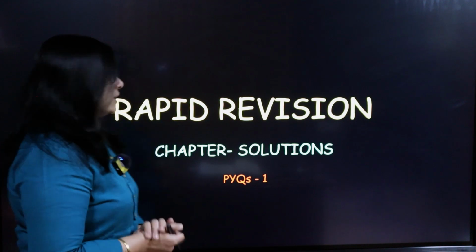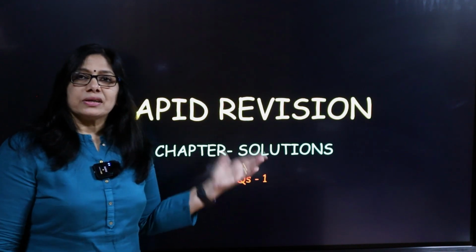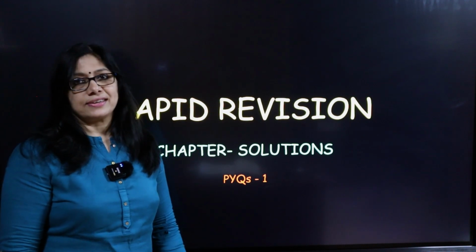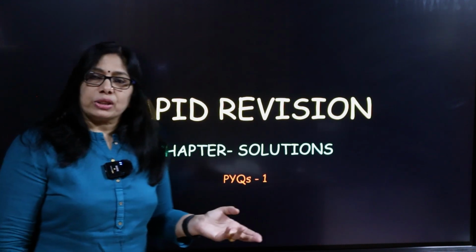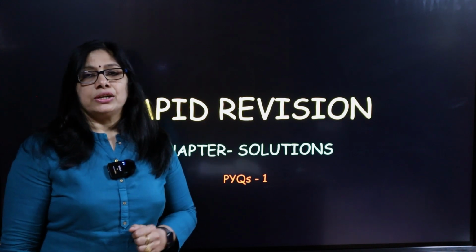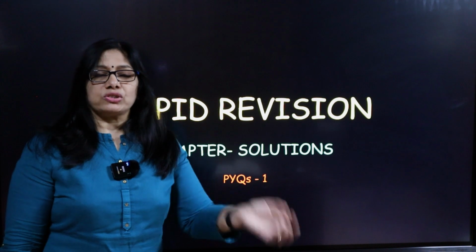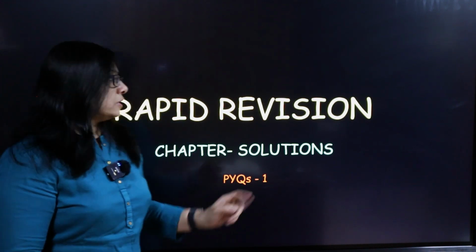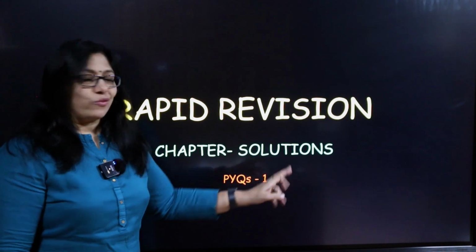Okay, so let us start with PYQs from the chapter Solutions. Today I have come with a few questions which were asked in the 2023 CBSE board examination. Let us start them one by one.